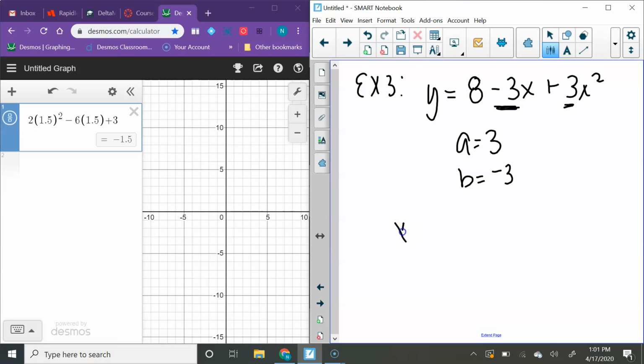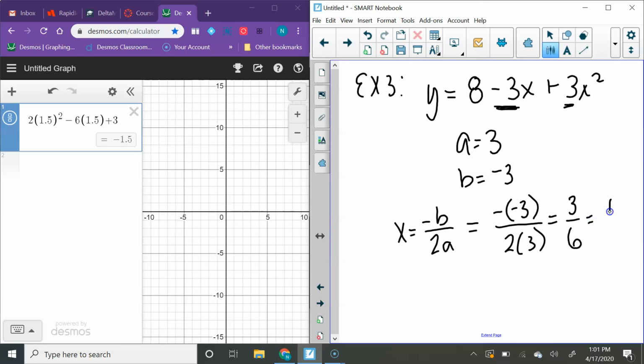So when we do x equals negative b over 2a, we are going to do negative negative 3 over 2 times 3. And so here we will get positive 3 over positive 6, which gives us 1/2 or 0.5 if we want to use that here.